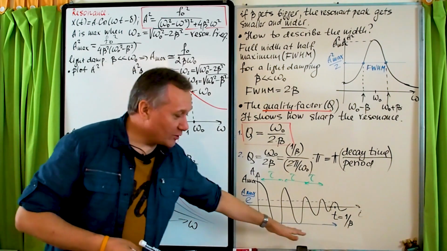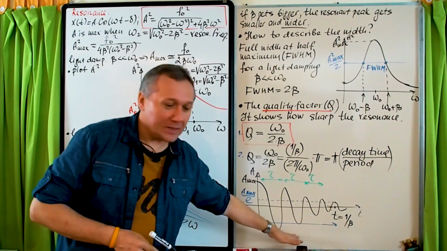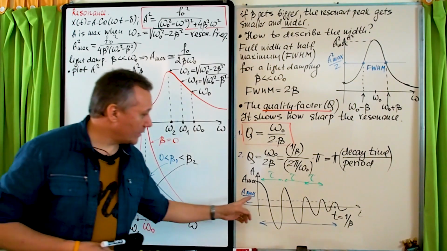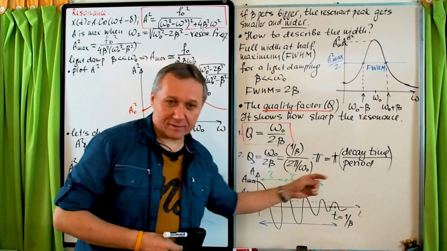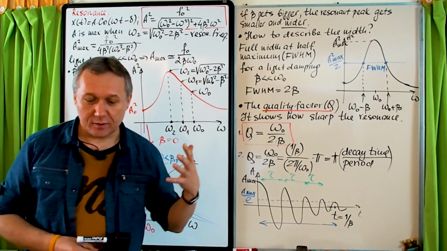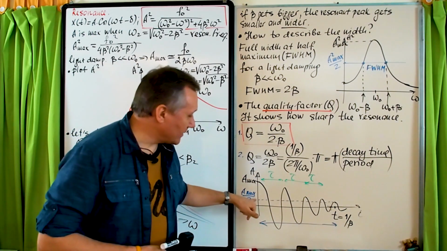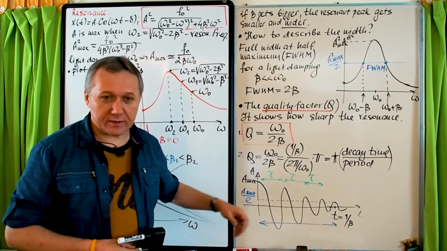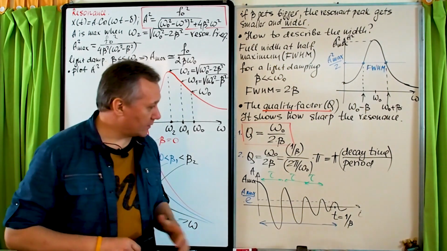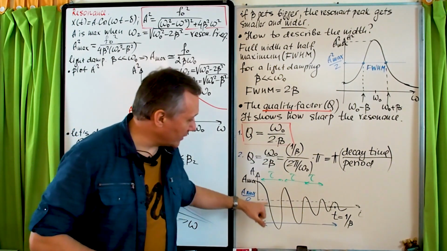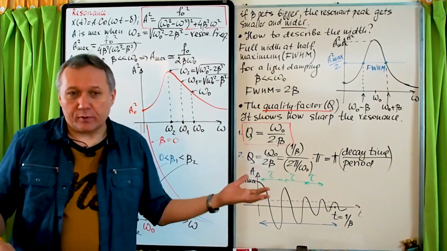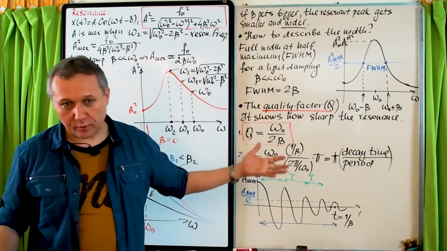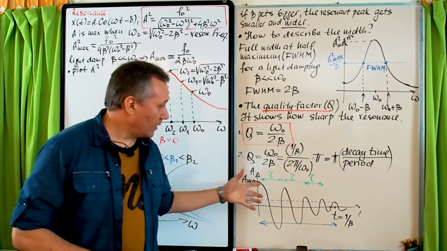So now if we take the decay time and divide it by the period, what are we getting? We're getting basically the number of cycles that the system managed to make before its amplitude gets reduced to this value. So if the system is decaying too fast, dies out too fast, of course it will be able to make only maybe a couple of cycles. And in this case, Q will be small, not a good example of an oscillating system.